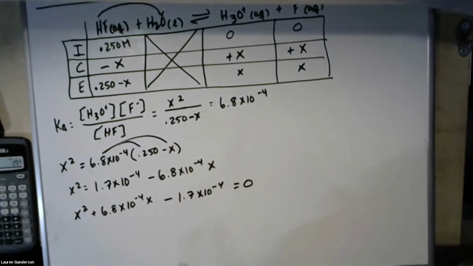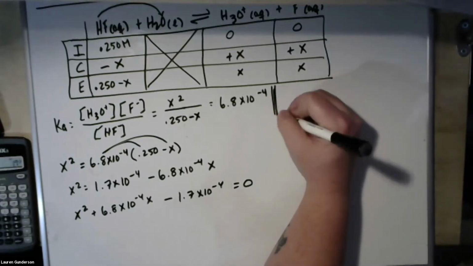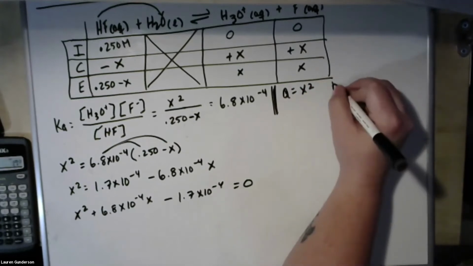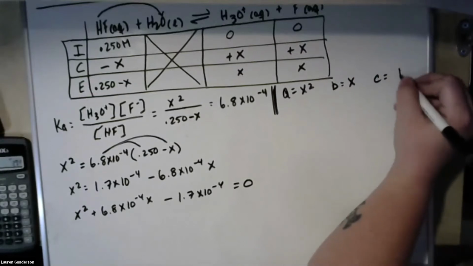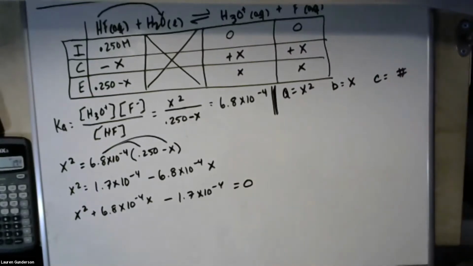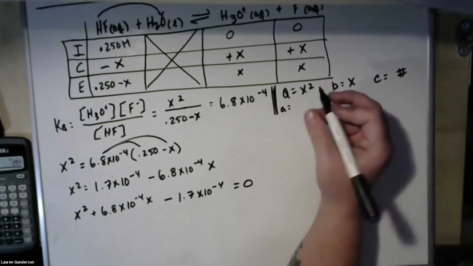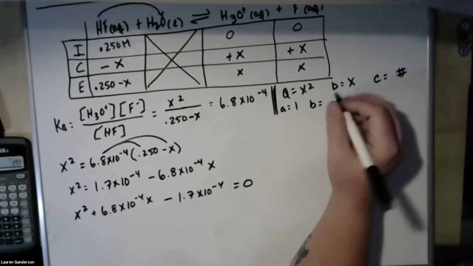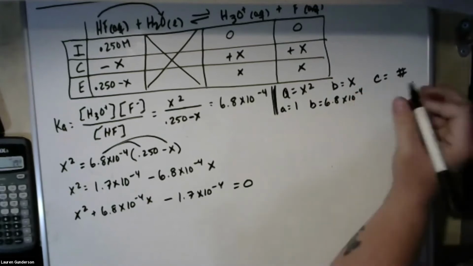Okay, and now I have the variable set for my quadratic because remember, that when you're doing your quadratic, A is going to be your x squared value, B is going to be your x value, and C is going to be your numerical value. So my A value is going to be 1. My B value is going to be 6.8 times 10 to the negative 4.